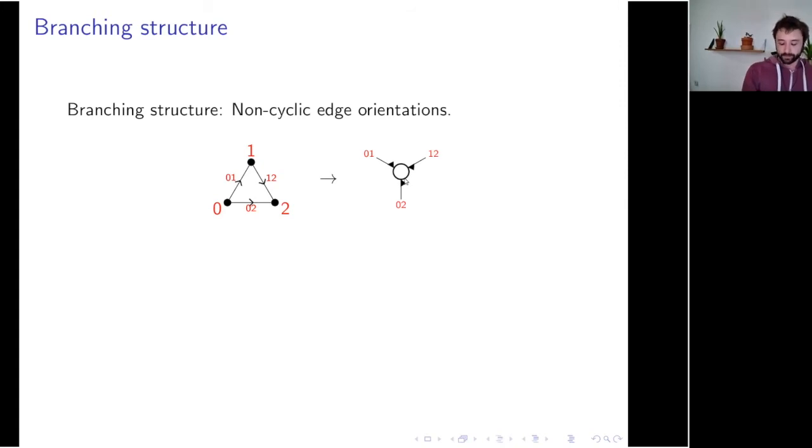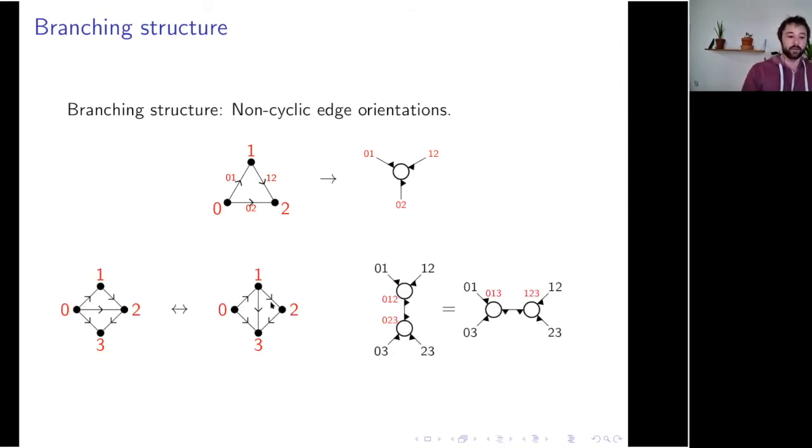If I do this, I also have to equip my Pachner moves with edge orientations, and I can do this in various different ways. In fact, if I want full topological invariance, then I have to impose the tensor network equations corresponding to all these different edge orientations of the different Pachner moves. So this will yield a very complicated and big set of equations.